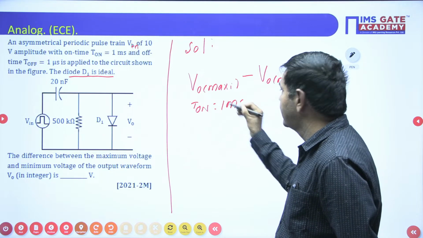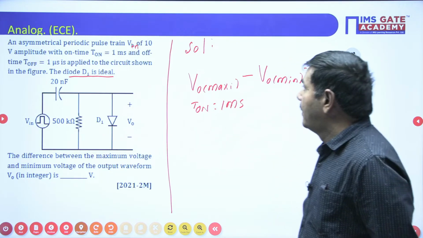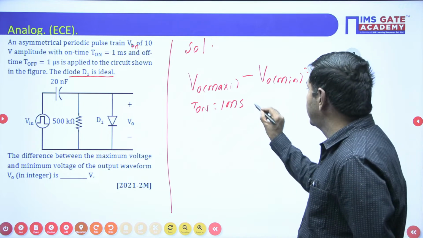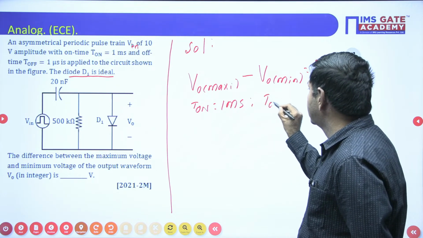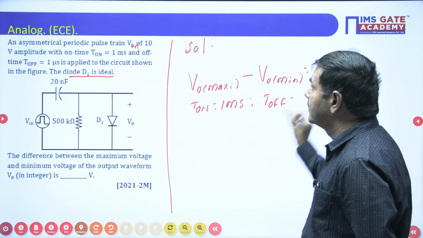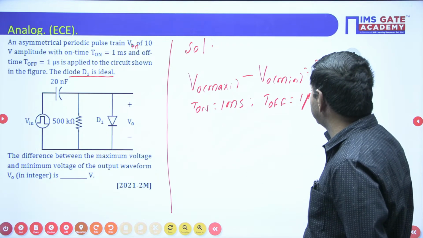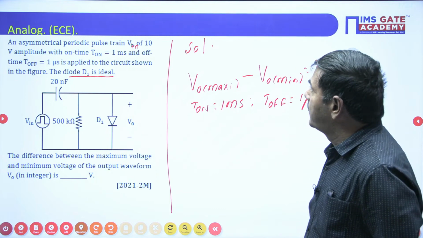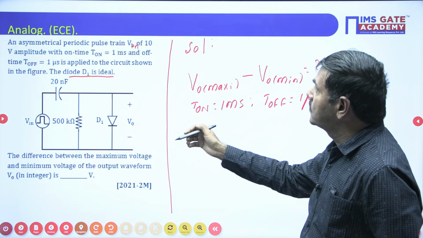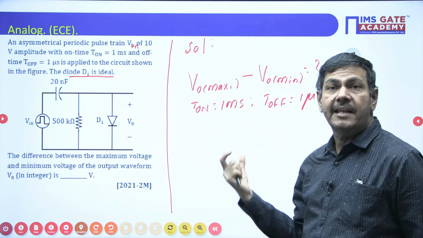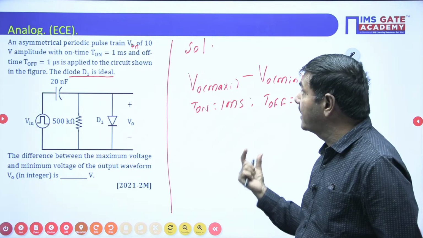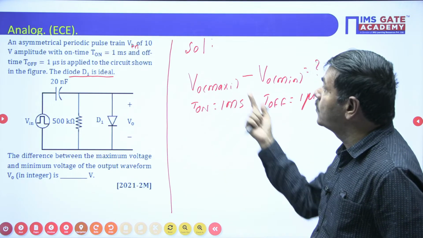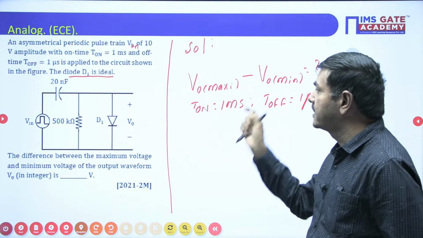And also T off is given in the problem: T off equal to 1 microsecond. The input voltage is a periodic pulse train with 10 volts. The amplitude is 10 volts. Understand my point.